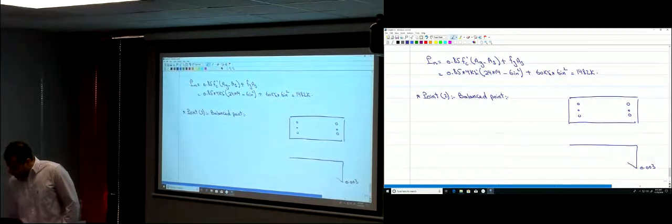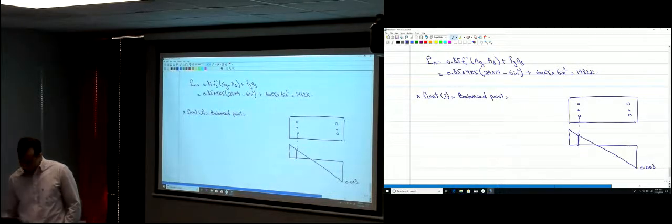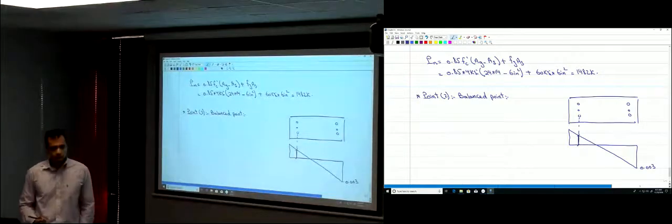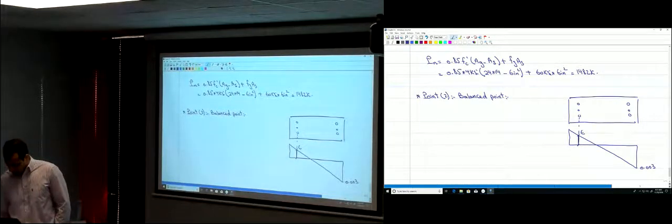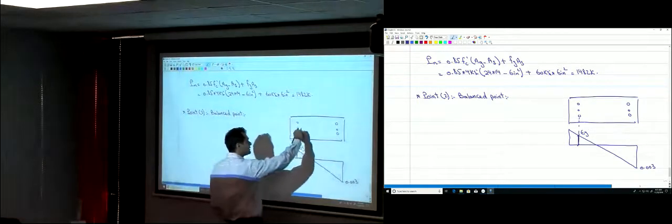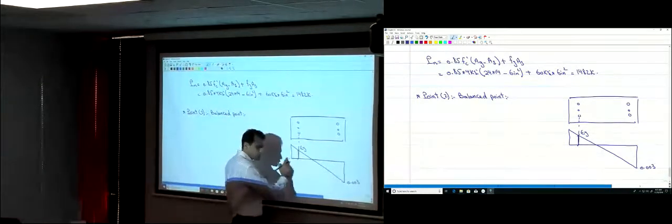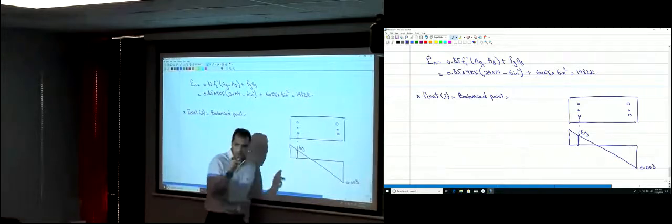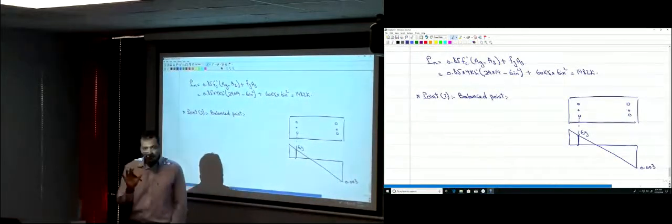And then the strain over here is how much? Epsilon yield. So the strain here on the tensile steel, it's tension over here, and this strain is equal to epsilon yield. That's the definition of the balance point.